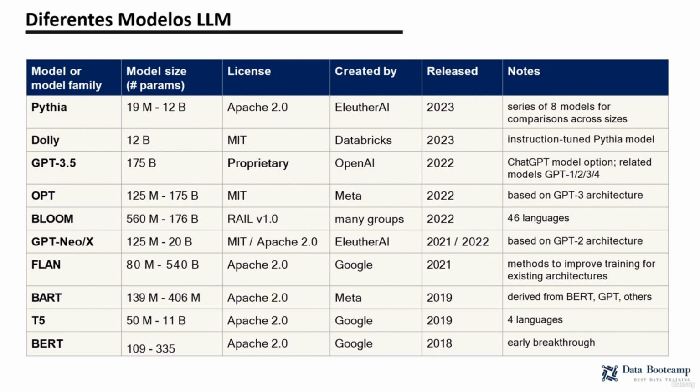The provided chart illustrates an array of large language models available. While it is not an exhaustive list, it highlights some of the most significant ones. For instance, the Pythia model is relatively small and licensed under the Apache license, which means it's open source.